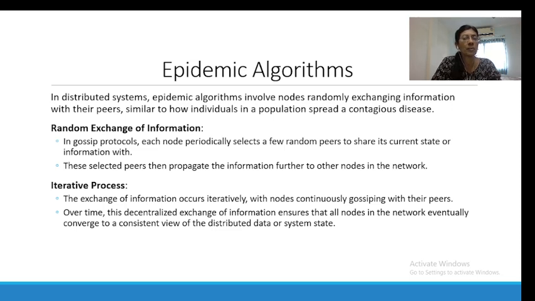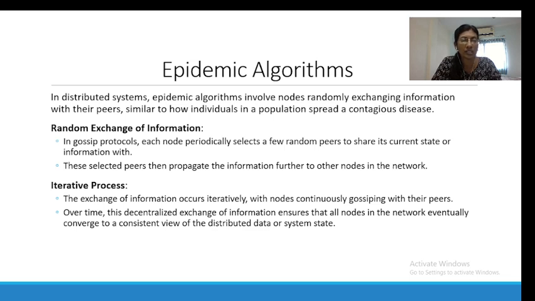Next is the epidemic algorithms. In distributed systems, epidemic algorithms involve nodes randomly exchanging information with their peers, similar to how individuals in a population spread a contagious disease. Random exchange of information. In gossip protocols, each node periodically selects a few random peers to share its current state or information with.